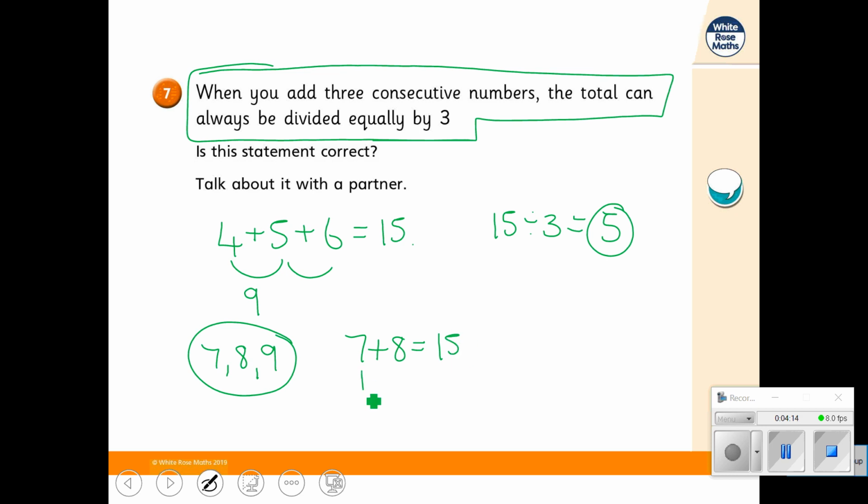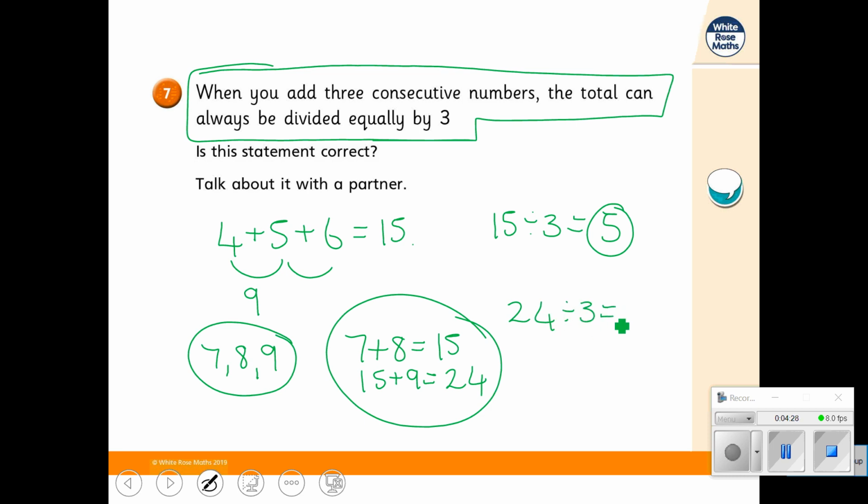Then I'm going to do 15 add 9, which equals 24. So is that divisible by 3? 24 divided by 3 equals 8. That's right, 8 equal groups. So far, the evidence shows us that that statement is true.